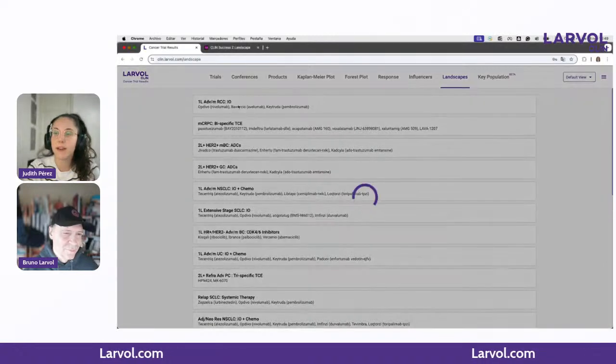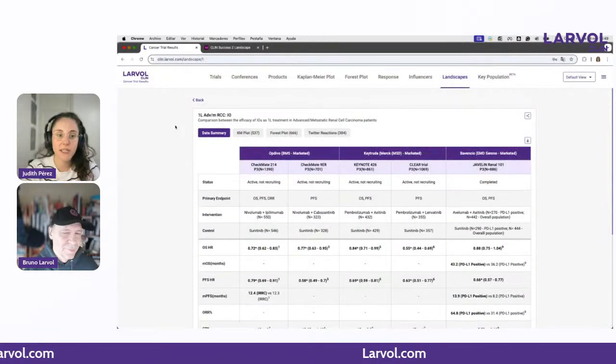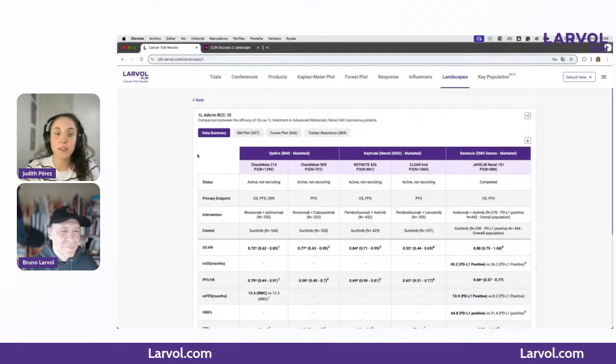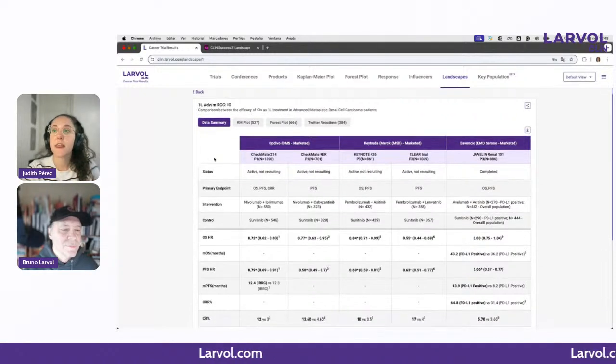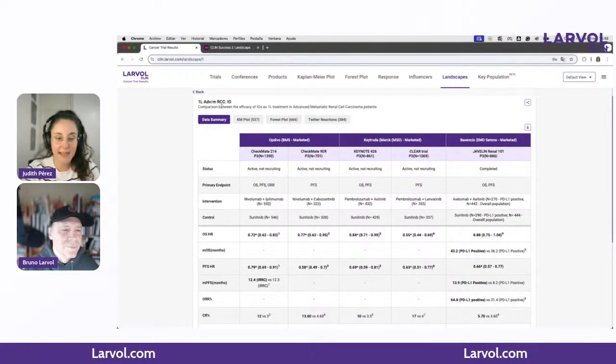When we get there, we're going to be displaying in a format of a data summary what's interesting, what are the treatments mostly approved, or what ongoing trials of interest are covering that landscape, that key patient definition.